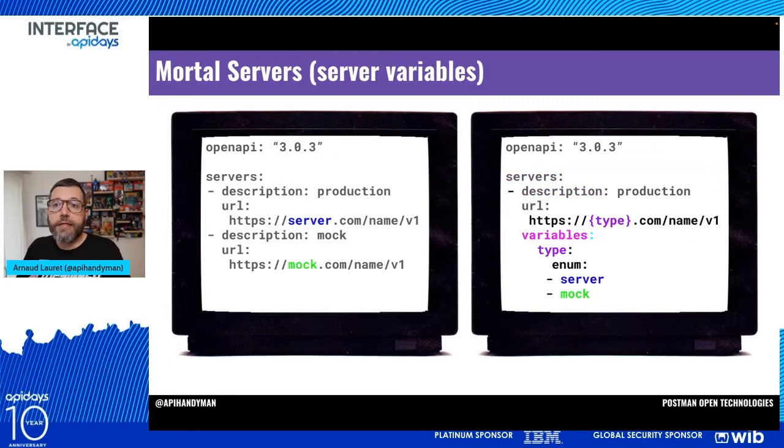You can also take advantage of variables when you define your server. So here I have a single server, which can be a mock server or the real server. And all these possibilities are really wonderful, for instance, when you want to configure an API gateway. Because in your document, you can put the server for the backend and the server for the front end, which will be shown outside of the gateway, and the gateway will deal with that.